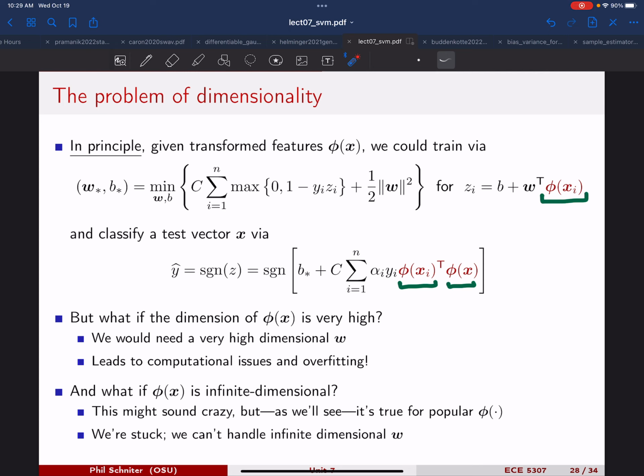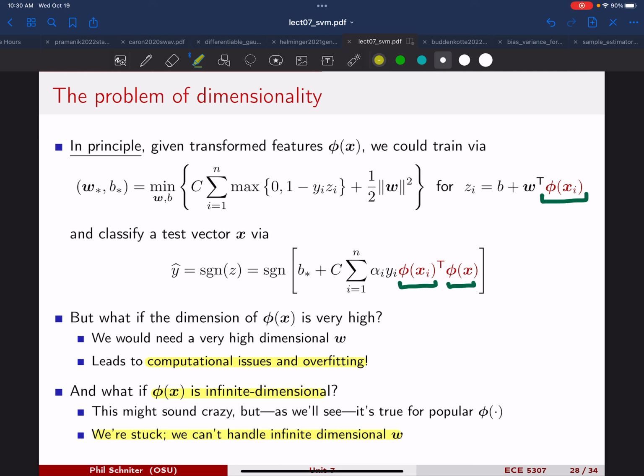So even though it sounds crazy, it's actually the most common thing to do. But from this direct implementation, there's no way to handle that, because I would need an infinite dimensional W in order for the dimensions to work out. So basically, we're stuck. We can't handle an infinite dimensional W or infinite dimensional phi. And even for finite dimensional phi, we could have computational issues and overfitting.